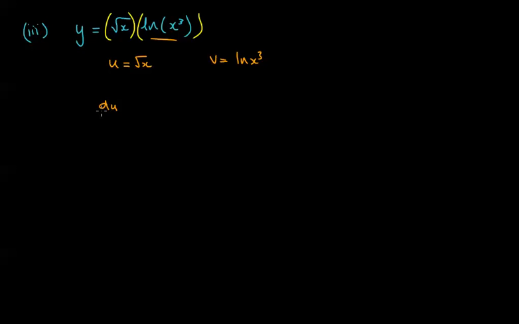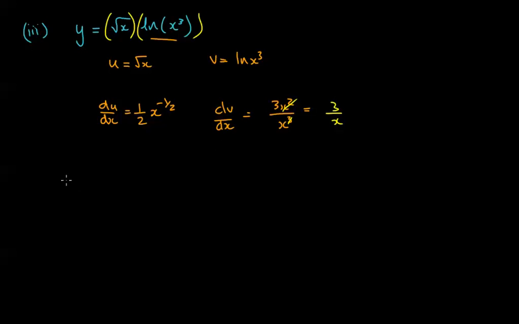So du by dx would be a half x to the power of minus a half, and dv by dx would be x cubed on the bottom and 3x squared on the top. Something cancels out here, x cubed with that, so you just have 3 over x.